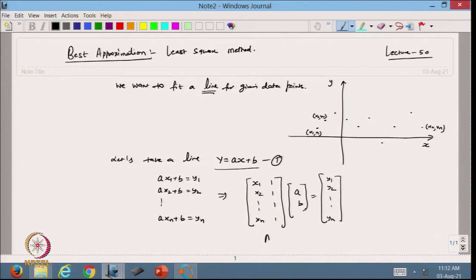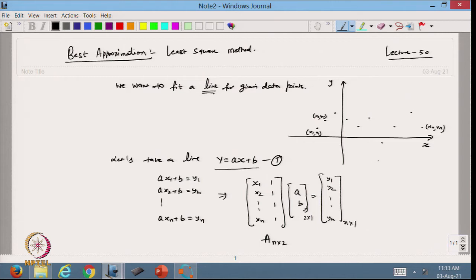I can write this as a matrix A and a vector. This matrix is of dimension n cross 2, this is 2 cross 1, and this will be n cross 1.